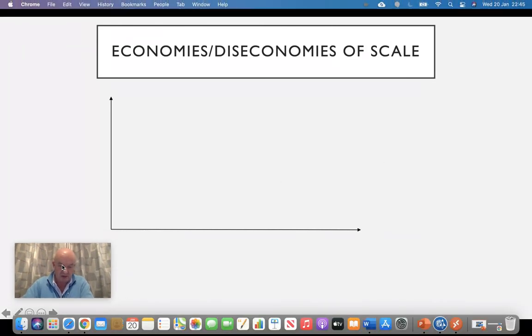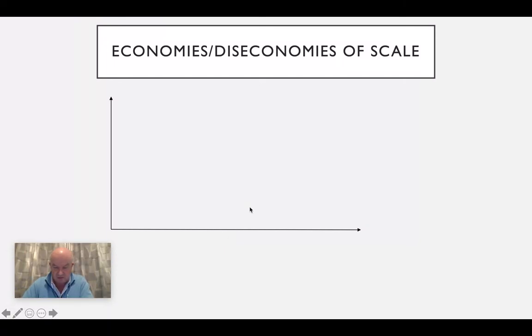So when we're talking about economies and diseconomies of scale then, if we want to show this graphically, there's a number of ways in which we can do that. And again, we'll just draw this in and then build the example and then explain it in a wee bit more detail. So in this instance, we've got costs against output. And in this instance, what we're doing is drawing in a long run average cost curve. Okay, you can see this is a U-shaped curve, like so.